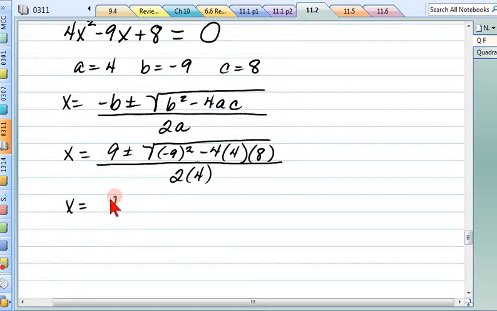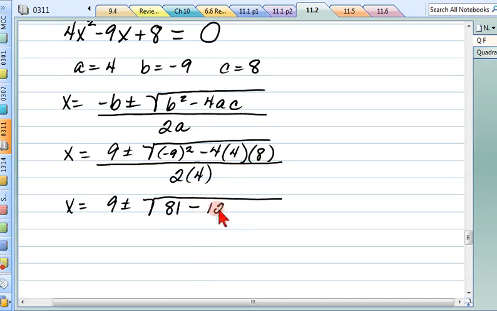x is equal to 9 plus or minus the square root of negative 9 squared is 81. All right, negative 4 times positive 4 is negative 16 times 8 is something kind of big. Would you tell me what it is?